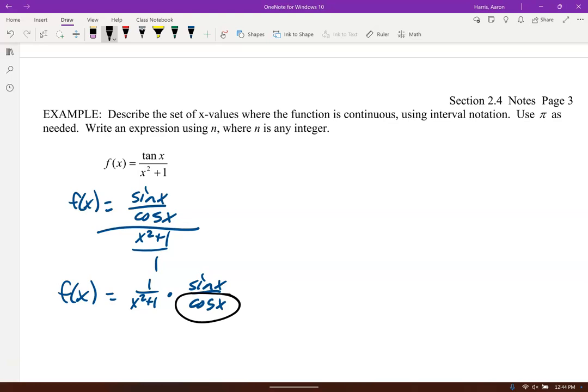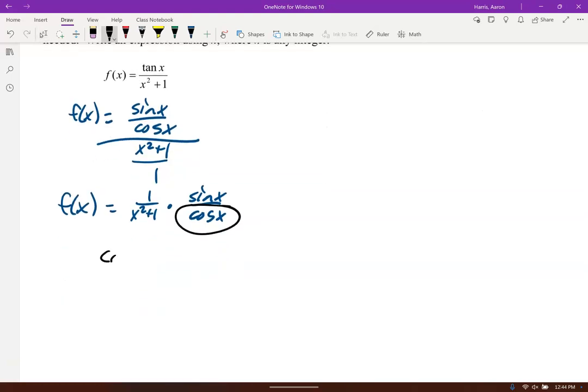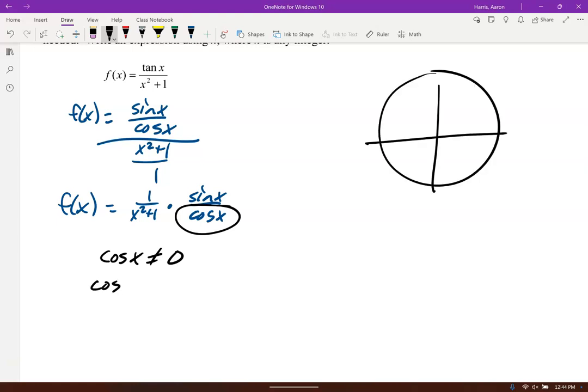Remember, we can't divide by 0, right? So anywhere where the cosine is 0, this is a problem, right? We cannot have that be 0. We cannot divide by 0. So then I'm just thinking to myself, okay, well, the cosine of what is 0? Right, you're looking on your unit circle and you're like, oh yeah, pi halves, cosine of pi halves is 0.